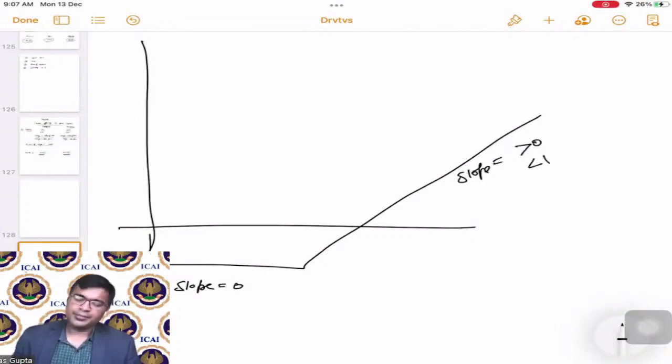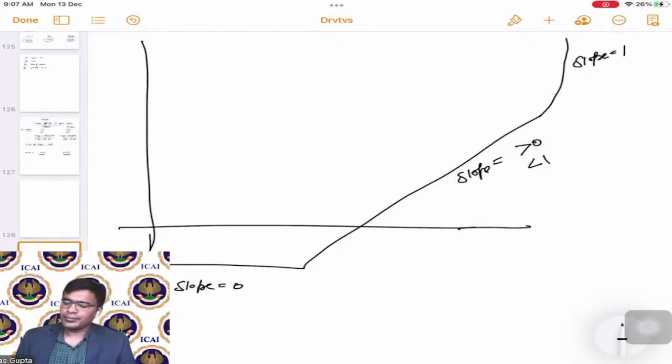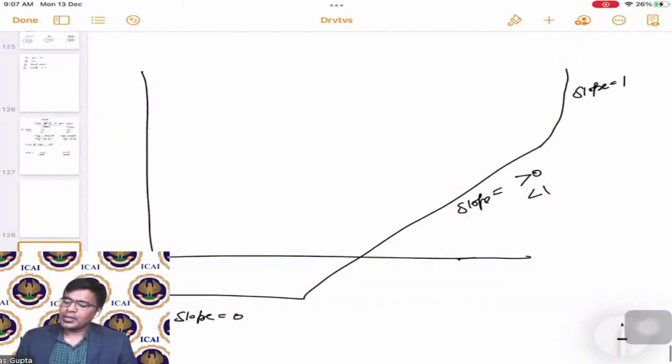But less than 1. And finally, once it is deep in the money, the line will become like this. So here the slope is equal to 1, correct? So the line will come like this. Slope equal to 1 means it is a vertical line. Slope equal to 0 means it is a horizontal line, correct?